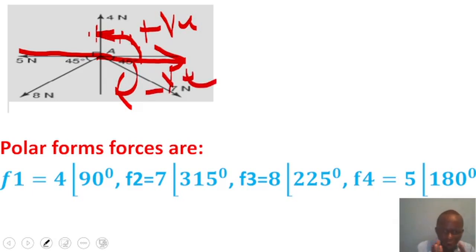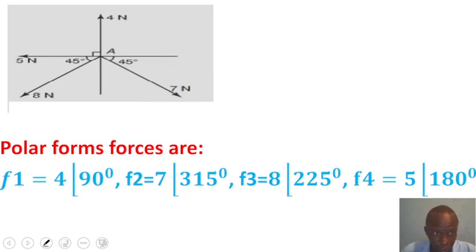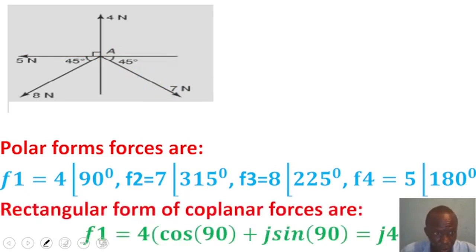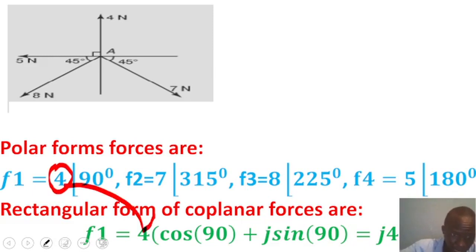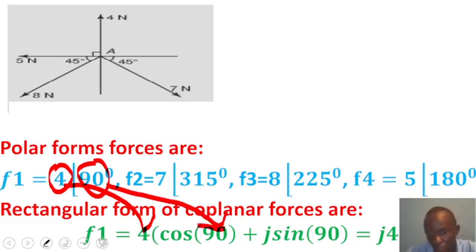Now, after getting all that information, we can go to the computations. We convert these into rectangular form before we add. For F1, we substitute 4 as the modulus and 90 as the argument, and then we arrive at j4.